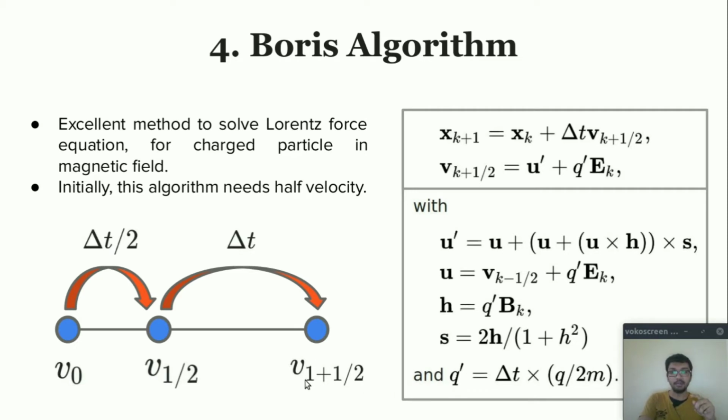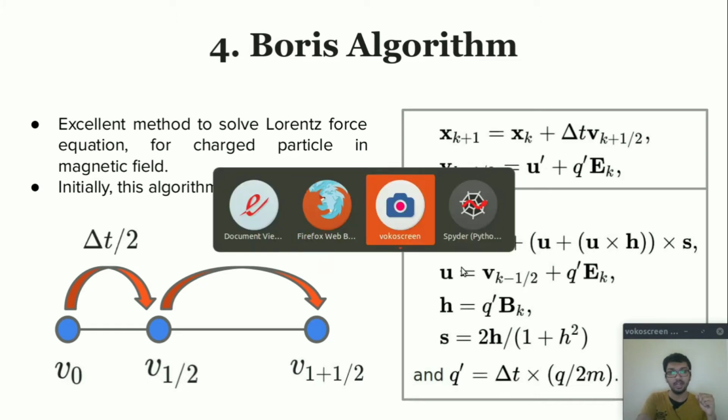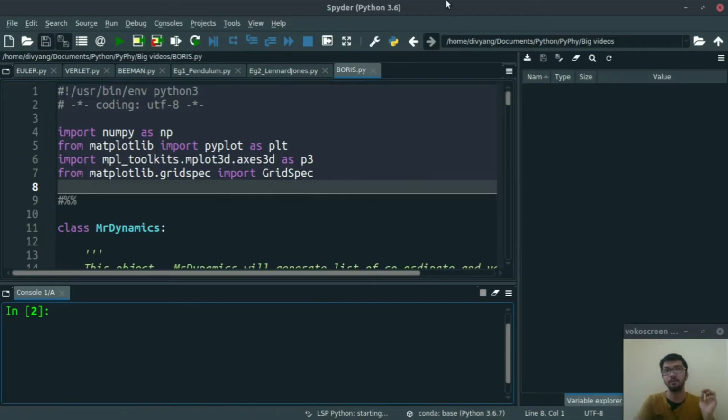You can easily replace this 1 with k for the kth epoch. So this is a kind of generalization. So I think we are ready to code this Boris algorithm. Let's jump to the code now.